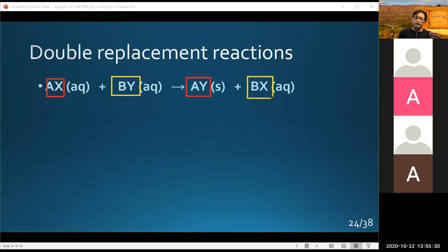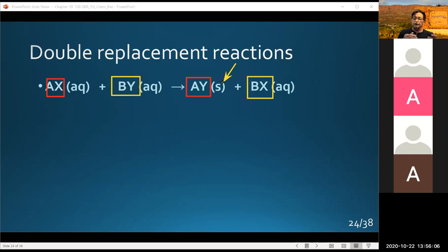If a reaction proceeds, that is denoted by whether any of these products are insoluble. In this general example, AY is insoluble, and we denote that by the symbol S. That information comes from the solubility table, which is why I made reference to it earlier. If any of the products are insoluble, then we get a reaction.